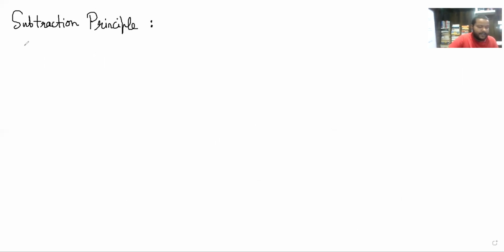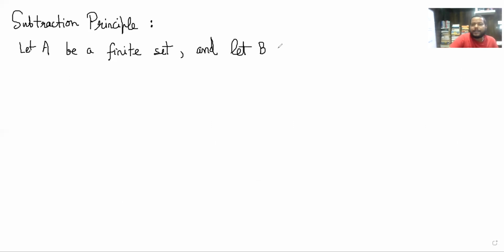What does this say? So let A be a finite set and let B be a subset of A, right? Then if you want to count the number of elements in A minus B, what is the meaning of this A minus B?